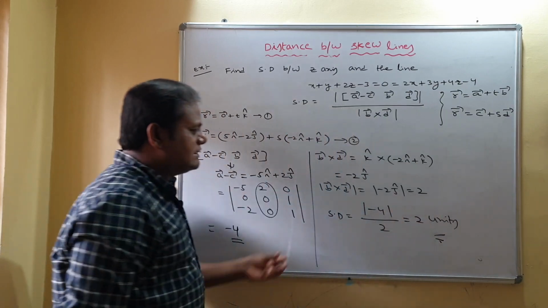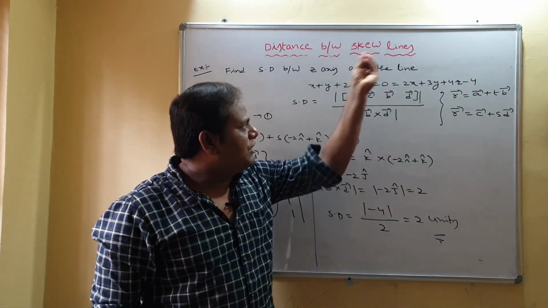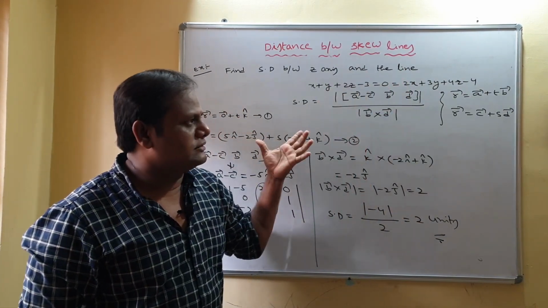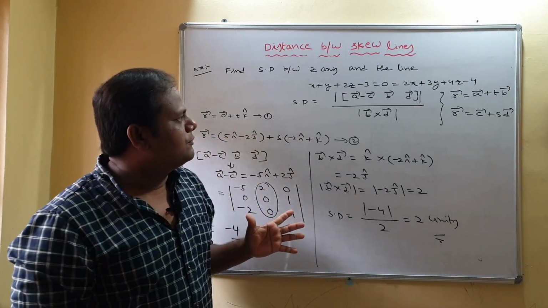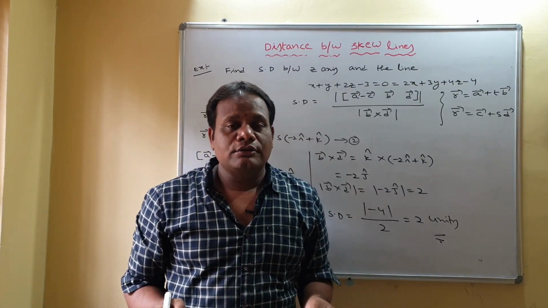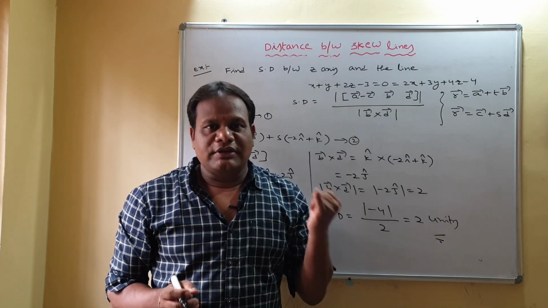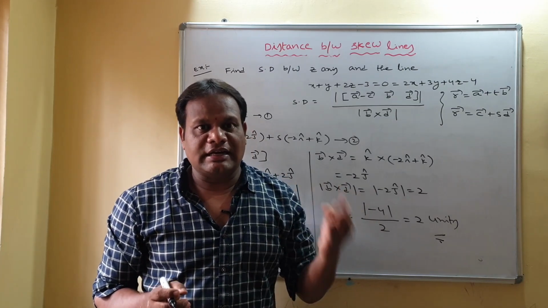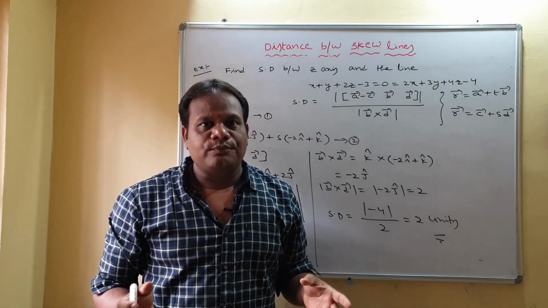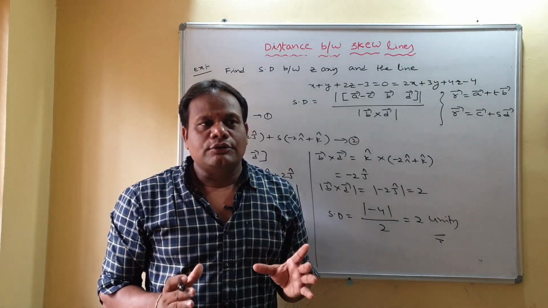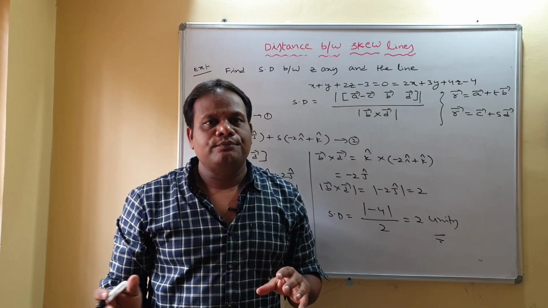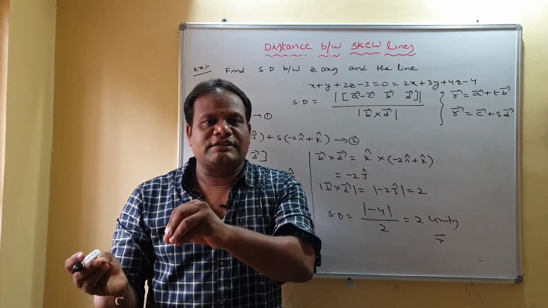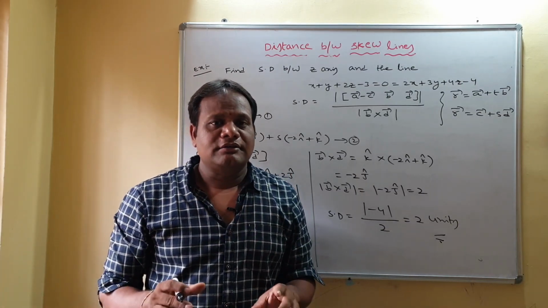This is the shortest distance between the two skew lines. With this example, I think you understood how to write equations for x-axis, y-axis and z-axis, and also how to reduce two plane equations into vector equation of a line or symmetrical form of a line.